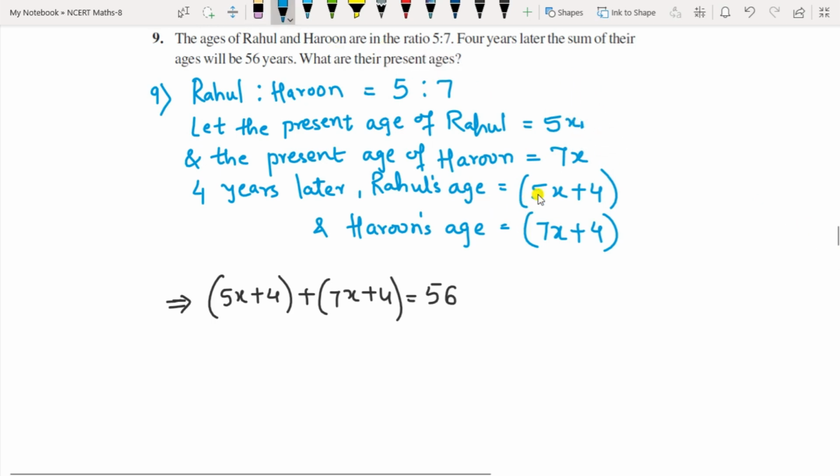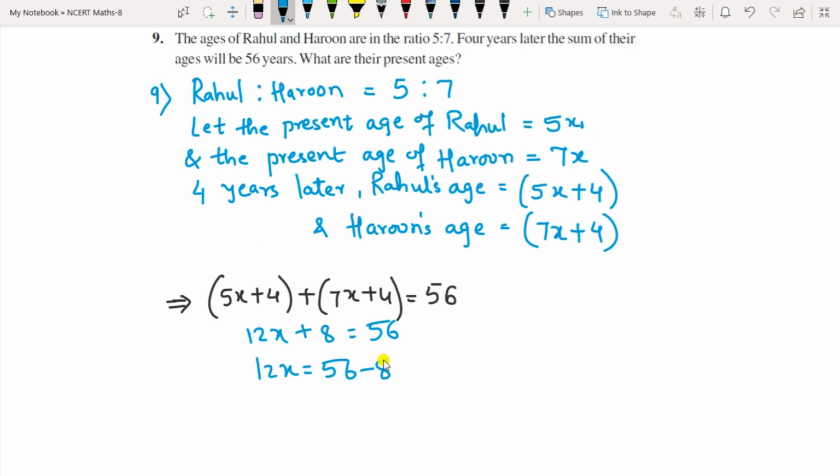So that is 5x plus 4, Rahul's age after 4 years, and Harun's age will be 7x plus 4 after 4 years. Then whatever the ages are after 4 years, that total to be 56. So now solve this equation. So 5 plus 7 gives 12x and 4 plus 4 gives 8 equals 56.